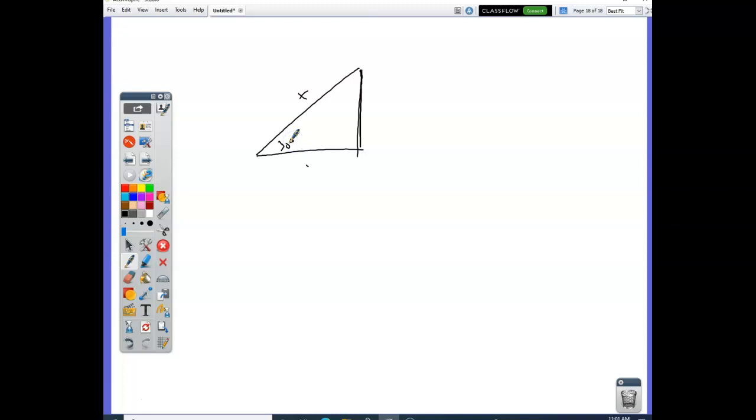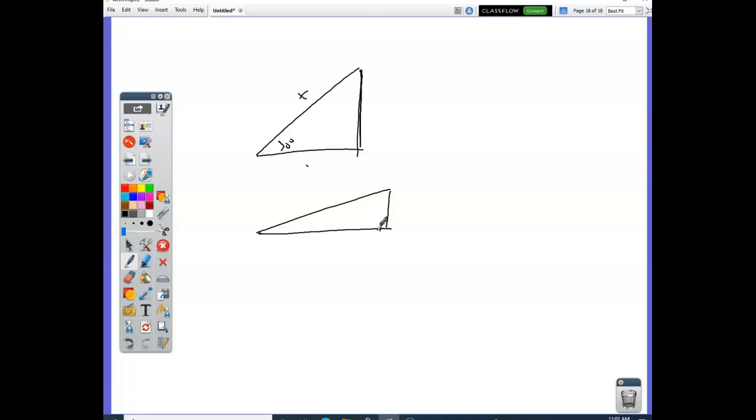Okay. What happens as I lower this side down and lose more and more angle? What's happening here? This stays the same. What's happening to this side? Smaller. What's happening to this side? Getting bigger and longer, right?